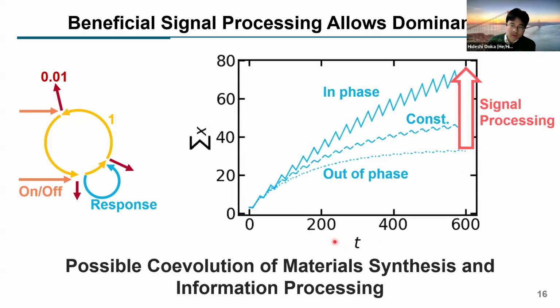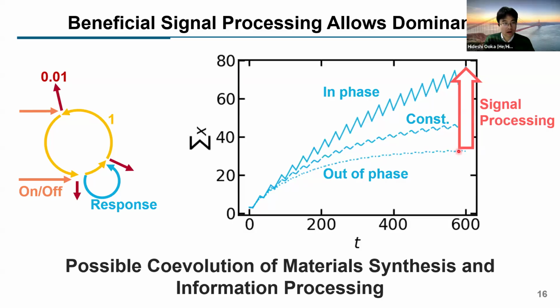These are numerical simulations, but if you have in phase, it grows much faster. And to me, what that seems is, of course, I don't know how in phase or out of phase can happen, but if there is a choice, for example, if we have two networks, one of which is in phase and one of which is out of phase, then the in phase one is going to completely dominate over the out of phase one because the out of phase one grows much slower.